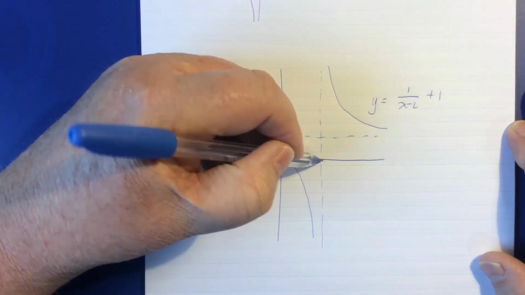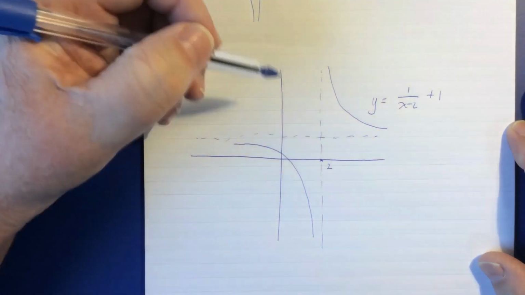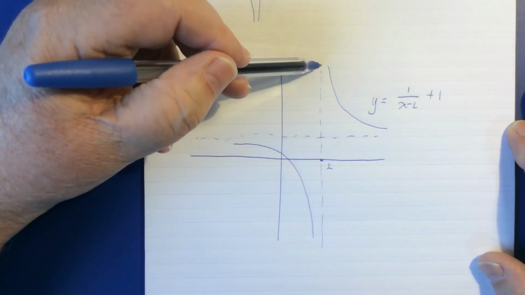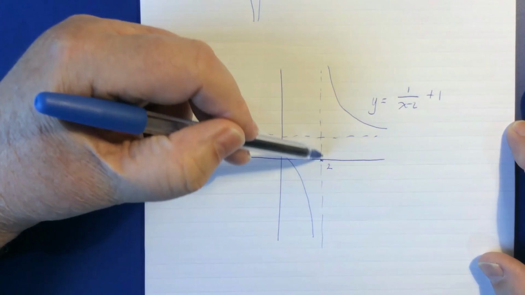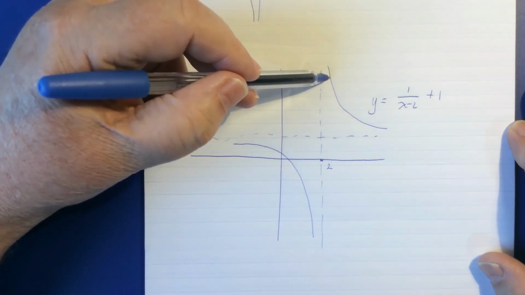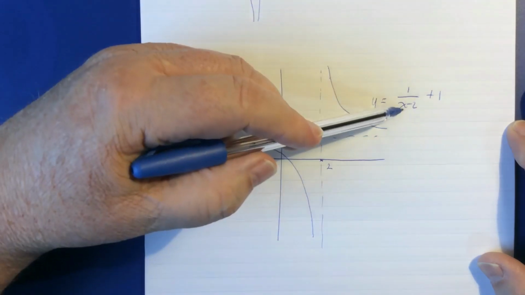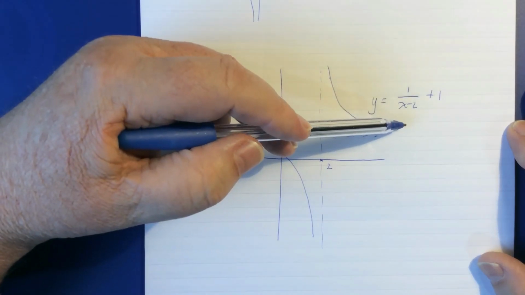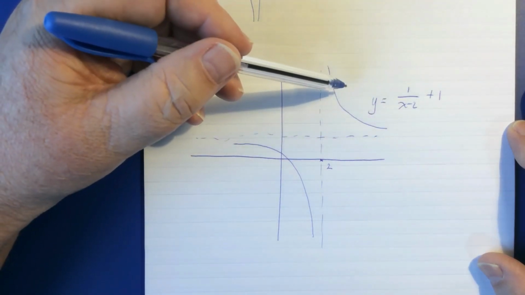So if this point here is 2 on the x-axis, this is effectively a line which this graph approaches but does not touch. If it touches this, this is equal to 0, and you can forget about this making any sense at all.